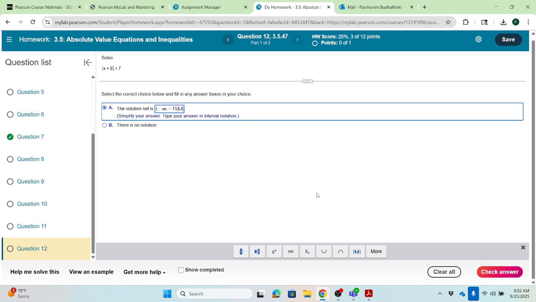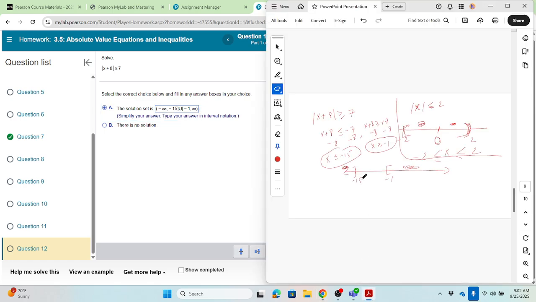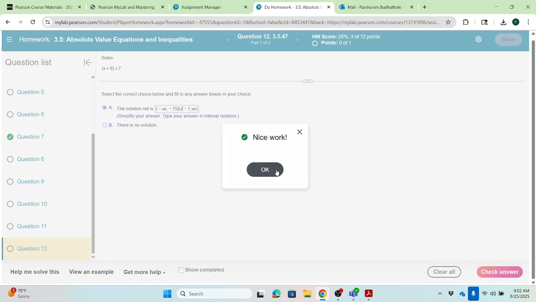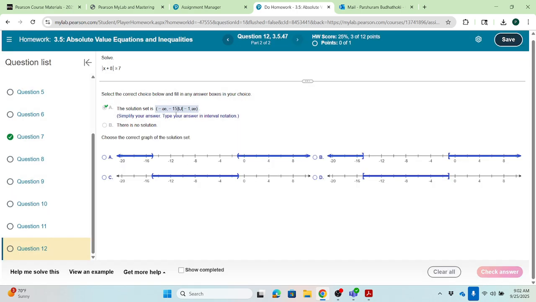Anything to the right of -1, including -1, that's part of the solution. Look, anything less than or equal to -15 and greater than or equal to -1. If you try to plot the graph, it's to the left and to the right, including those boundary points. Okay, that's all for this section.